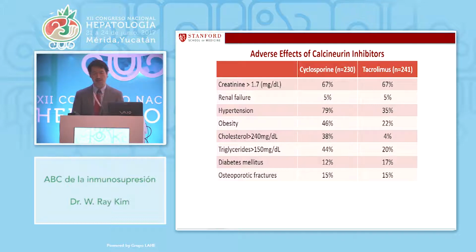Both drugs cause diabetes and osteoporosis. So sometimes we need to switch from one medicine to the other. Cyclosporin is the older drug, and Prograf is used more commonly. And these are some of the cyclosporin-unique side effects that trigger switching from cyclosporin to tacrolimus.